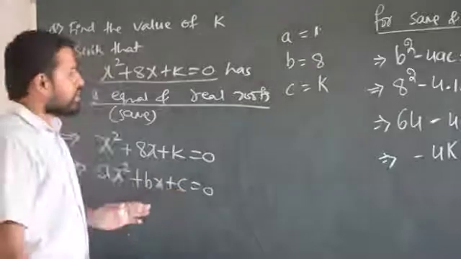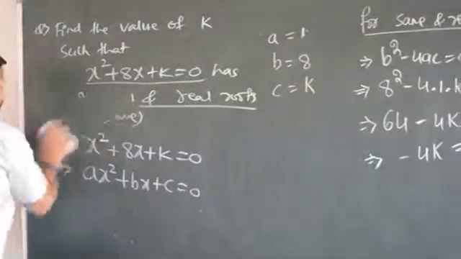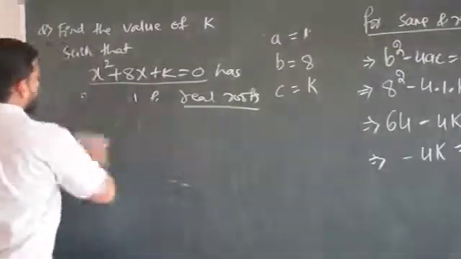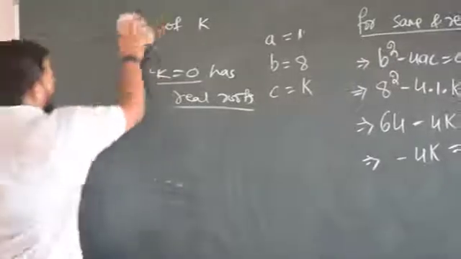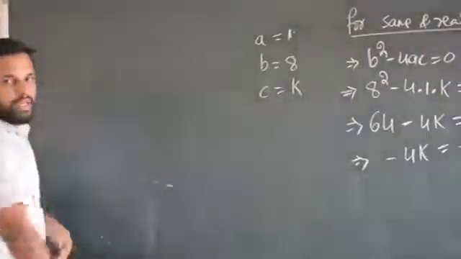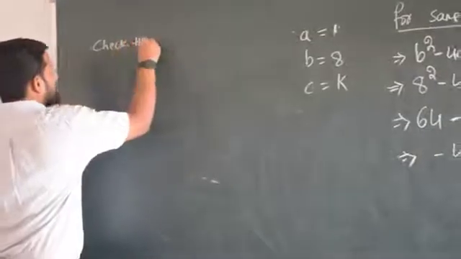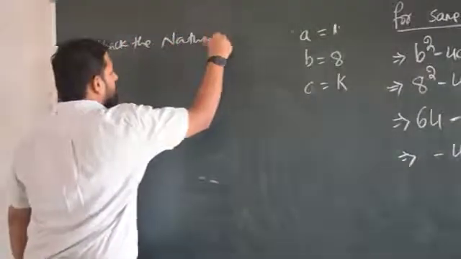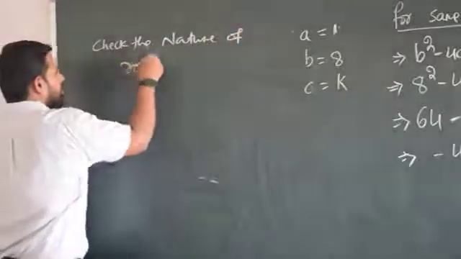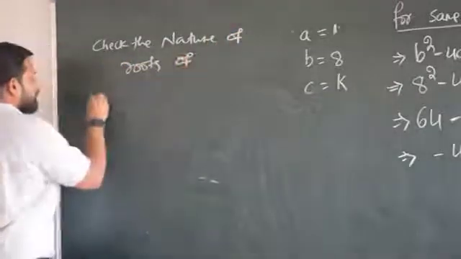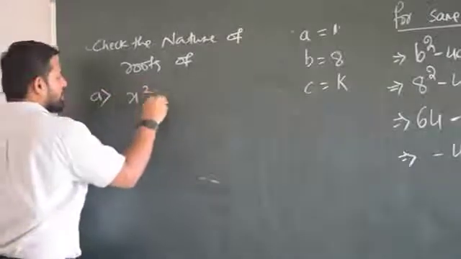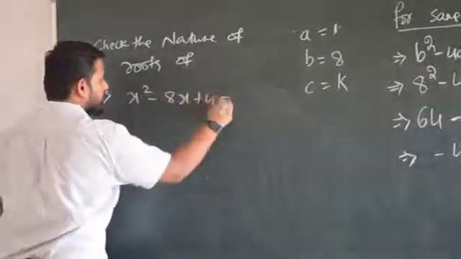Okay, so let me give you some homework very quickly so that I can end the video. Please make sure that you find these values. Check the nature of roots of: first one, x square minus 8x plus 4 is equal to 0.